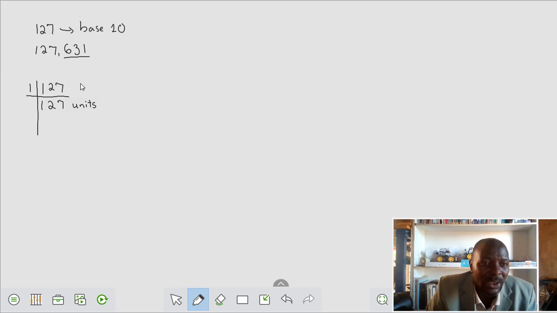If I now want to find tens, I divide 127 by 10 and find 12 tens. What remains is what we're trying to find the tens from. We're finding the tens among the units, so whatever remains is the units, so there are 7 units left.